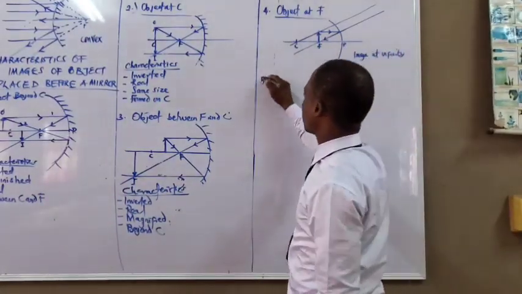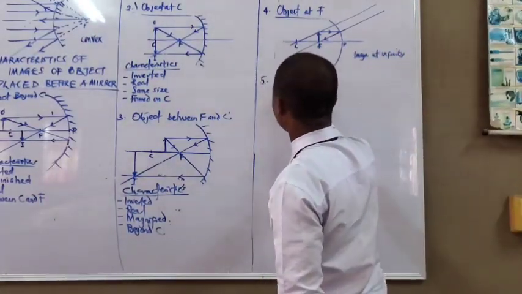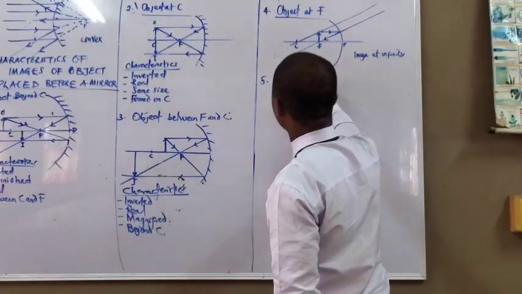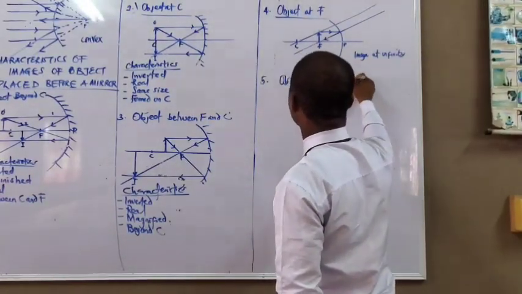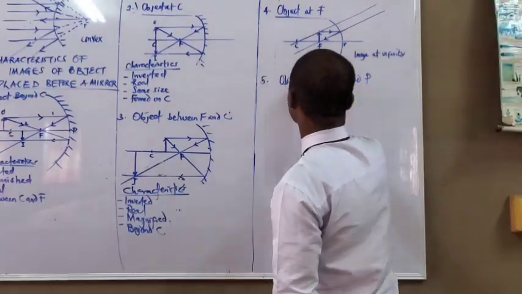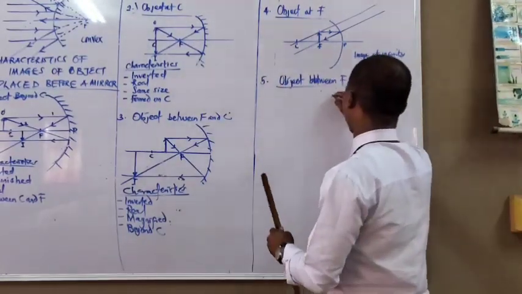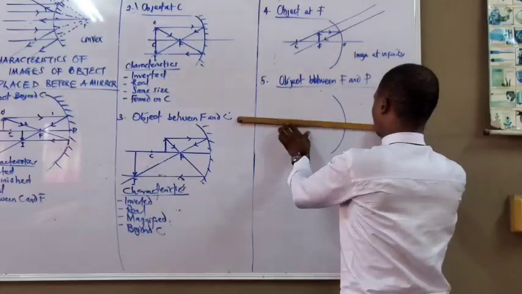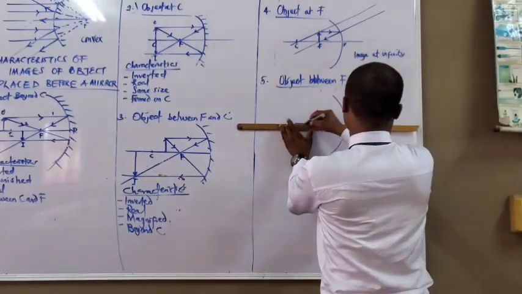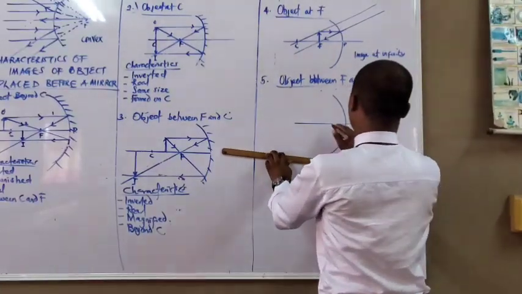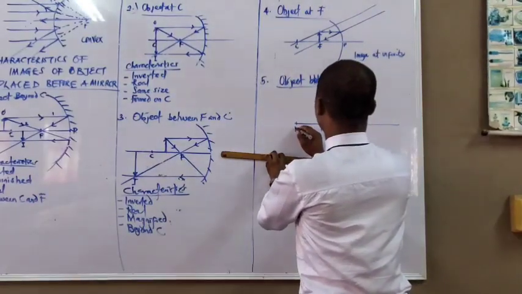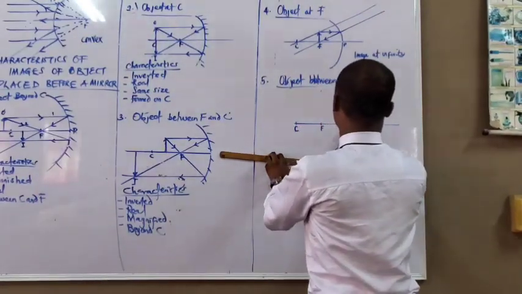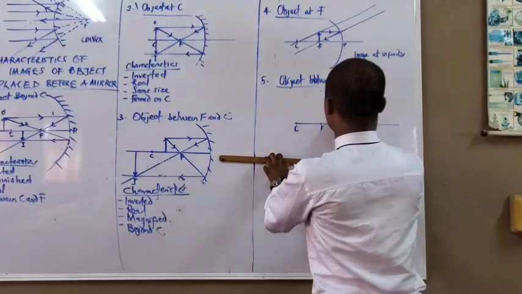Okay, for the last case, you have objects between F and P. The object is here.